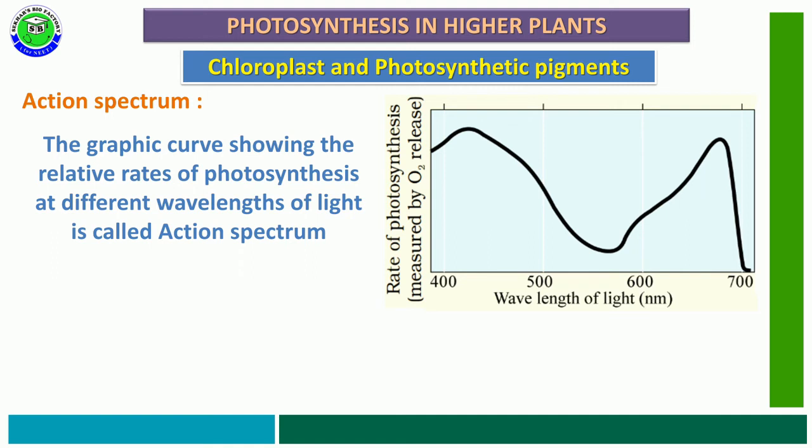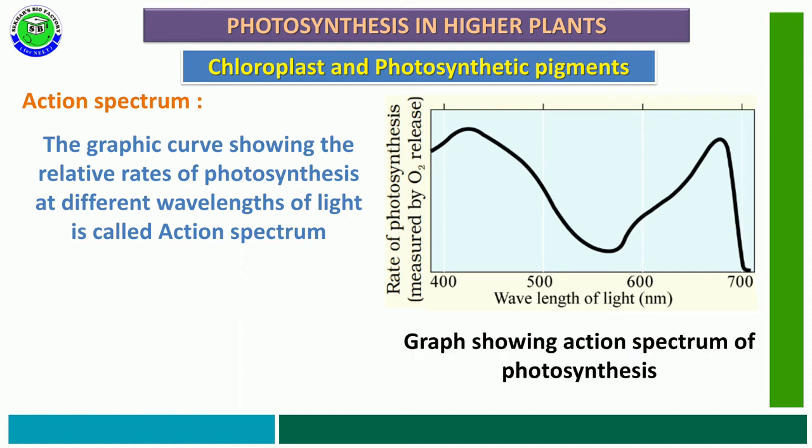Whenever more oxygen is released in photosynthesis, that indicates a higher photosynthesis rate, so by calculating the amount of released oxygen, this action spectrum is constructed.